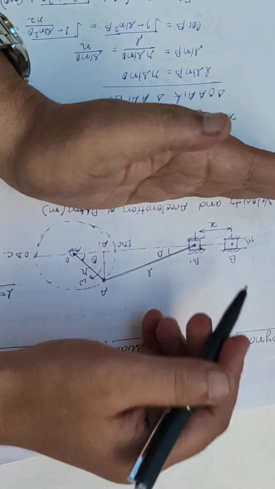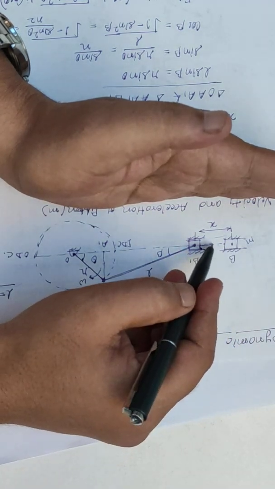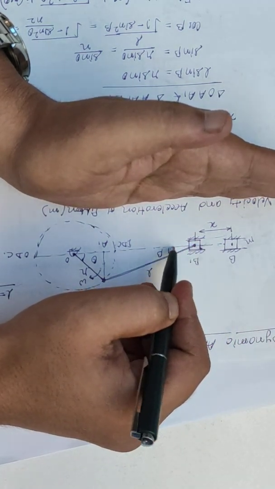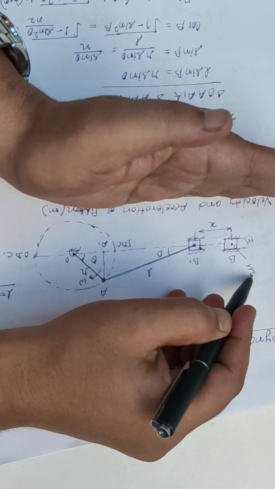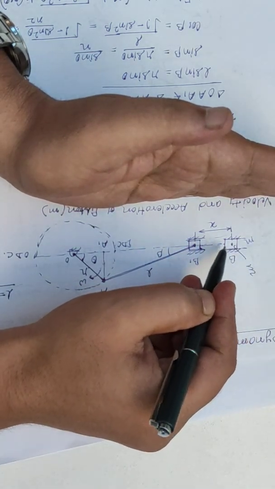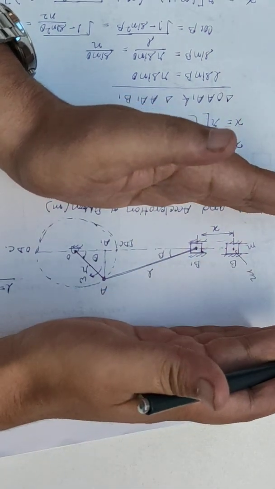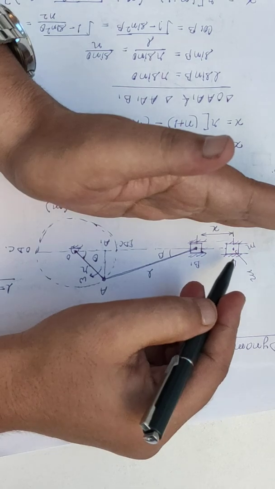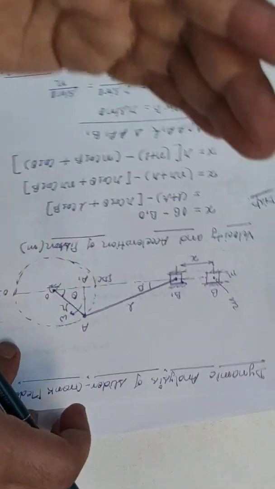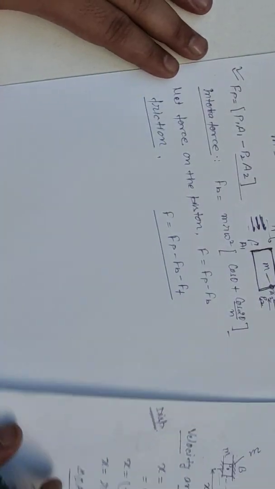Now the driving force is acting in the downward direction, and if we consider the mass of the piston also, then mg will also act in the downward direction.